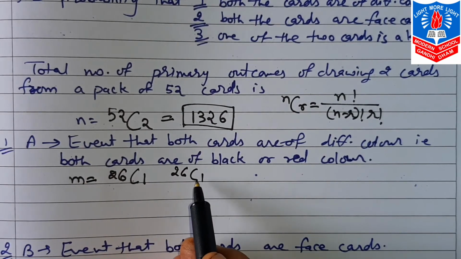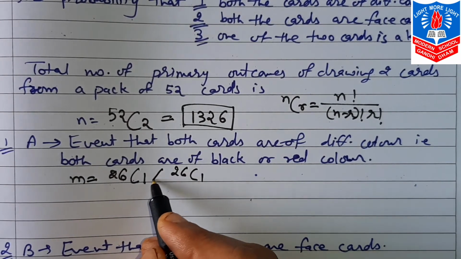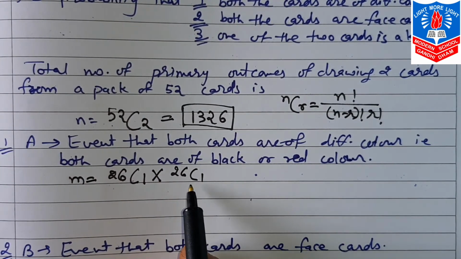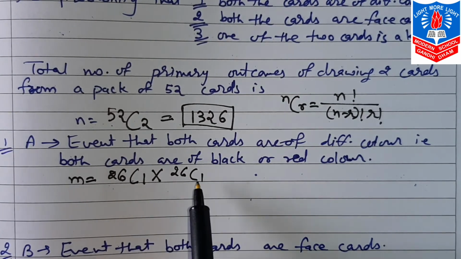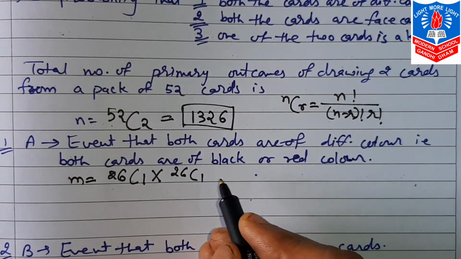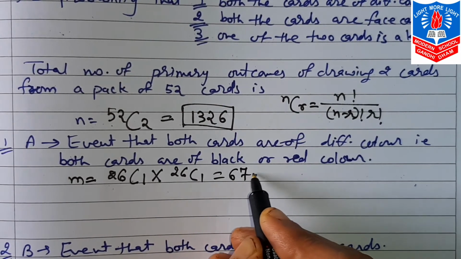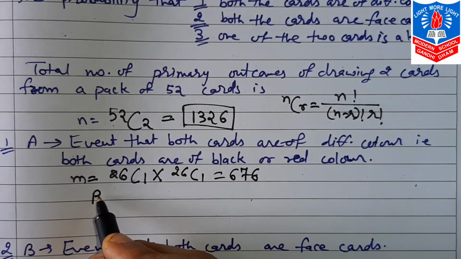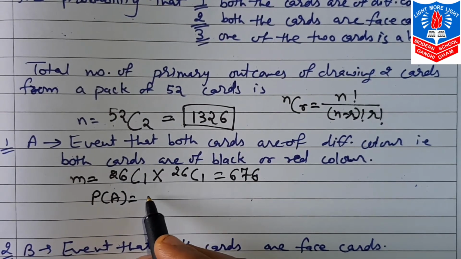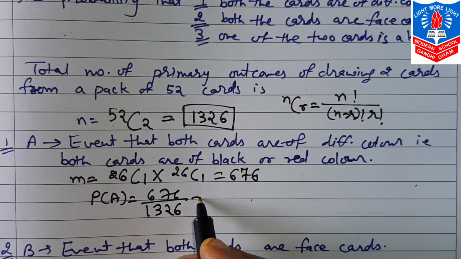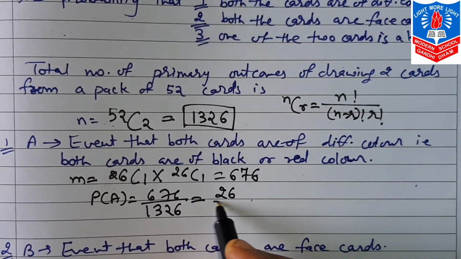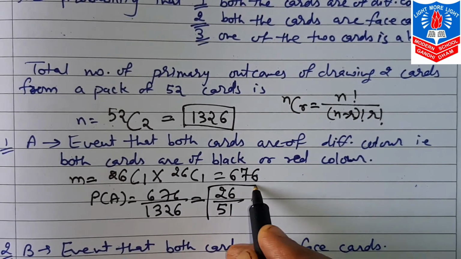Now 1 and 1, so always remember, in that case there will be multiplication. We are supposed to select 2 cards, 1 black and 1 red, so multiplication will be there. Now this comes 676. So probability of A will be 676 upon 1326, which will be 26 by 51.